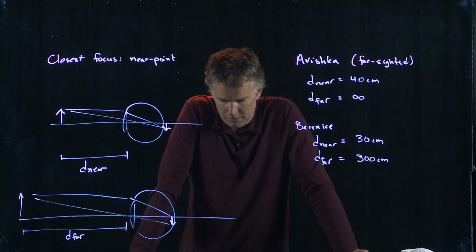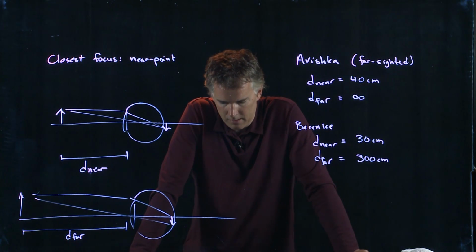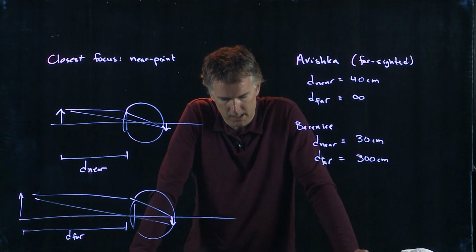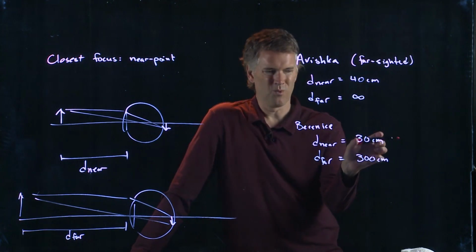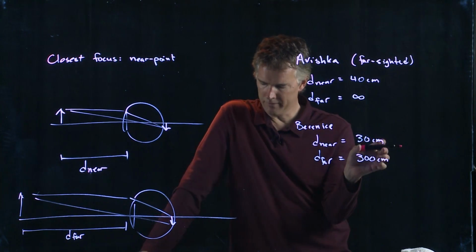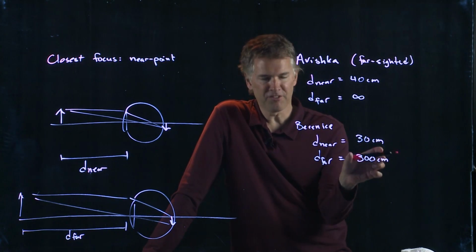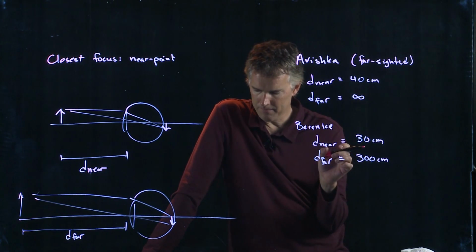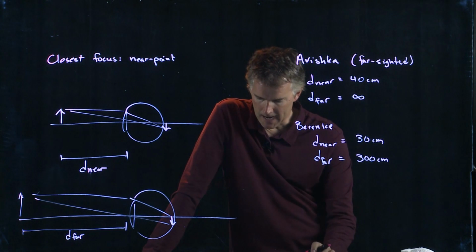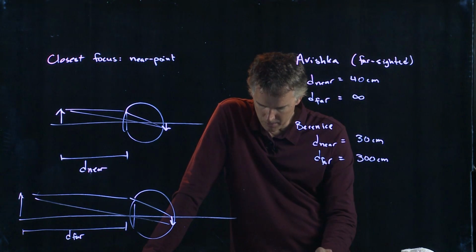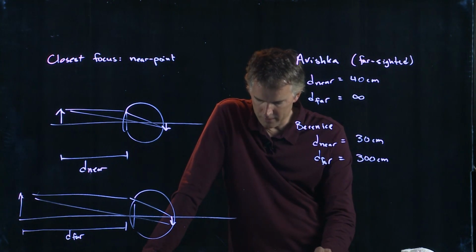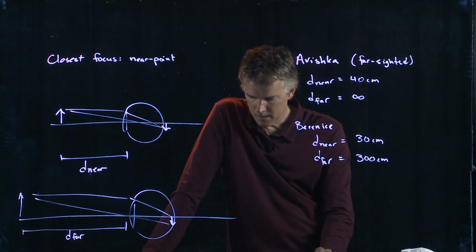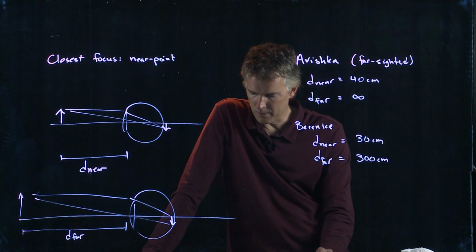Okay, so that person is interesting because they can see something relatively close, not quite 25 centimeters, but they certainly can't see far away. And I would suspect that they would satisfy the question for part B, which is they might need bifocals to correct their vision.